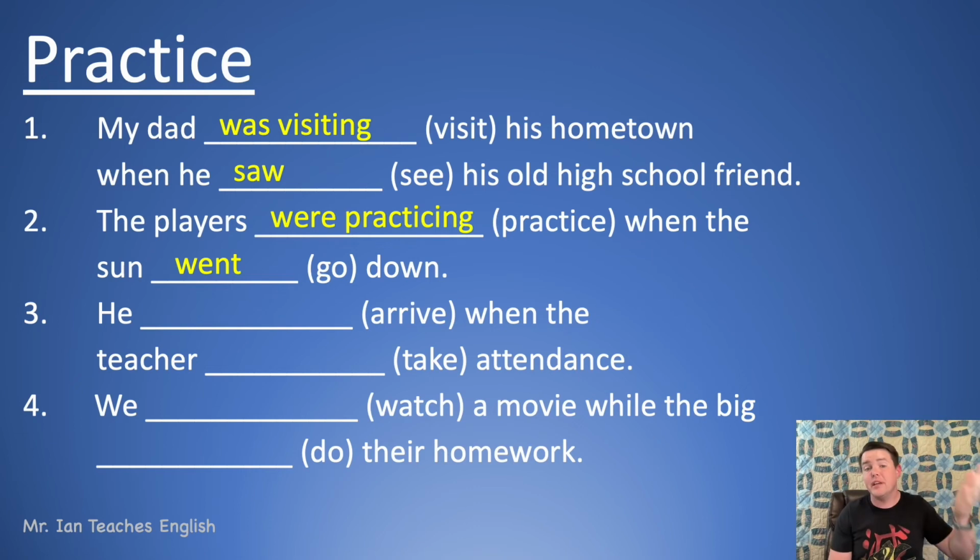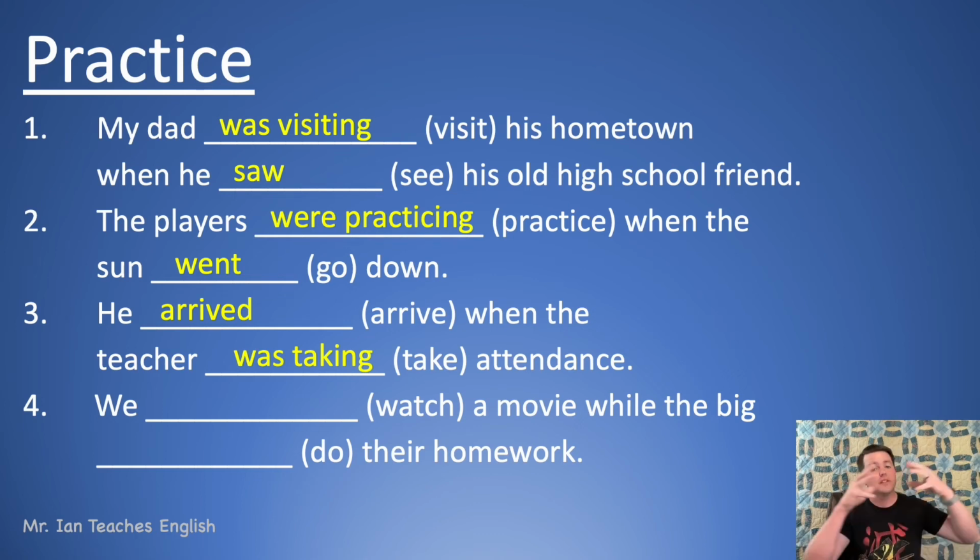It disappeared. It was dark, and it interrupted that practicing time. Now notice, the players probably continued to practice after dark if there was light, but still that action happened at the same time. Number 3, he arrived when the teacher was taking attendance. So again, these two events happen at the same time. One is longer, taking attendance. The other is short, arrive.